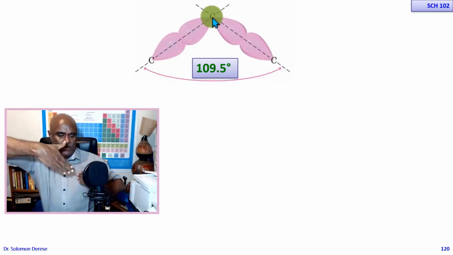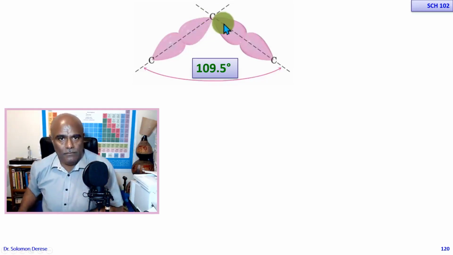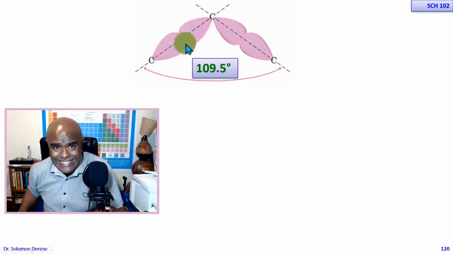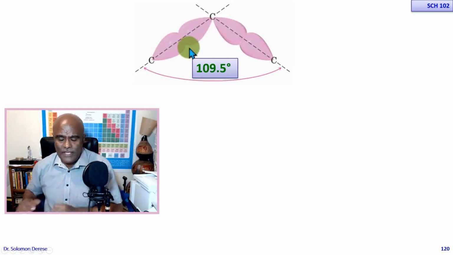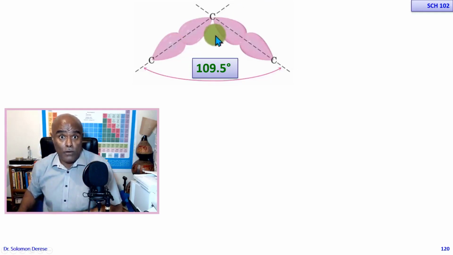They have overlapped straight like this. What does it really mean to reduce this bond angle to 60 degrees? In order for this bond angle to be reduced to 60 degrees, these orbitals have to bend. That's the only way. They have to compress in order to form cyclopropane.